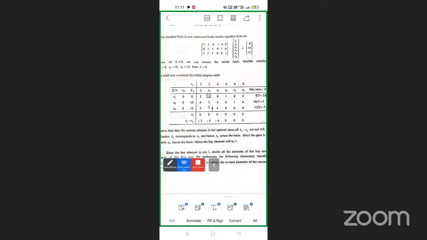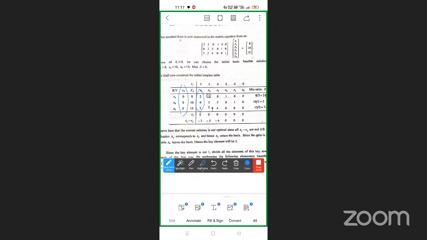Next we calculate delta J. How to calculate it? Delta J equals CB into XJ minus CJ. First for X1: 0 into 2, 0, plus 0 into 0, 0, plus 0 into 3, 0, minus CJ.